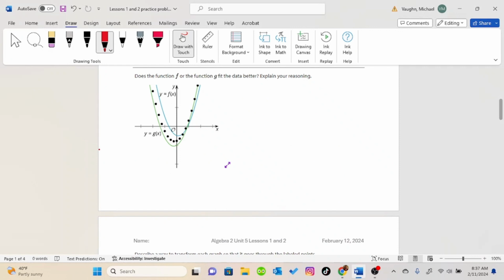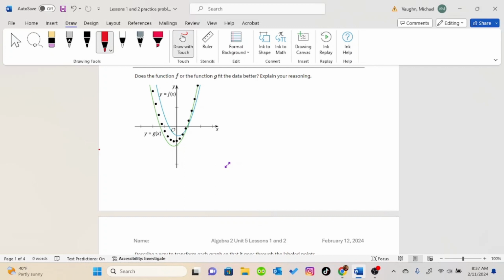Does the function f or the function g fit the data better? Explain your reasoning. So function f is this top parabola, and function g is this bottom parabola. And when they're asking which one fits the data better, you're asking which graph is more closely aligned to the points.